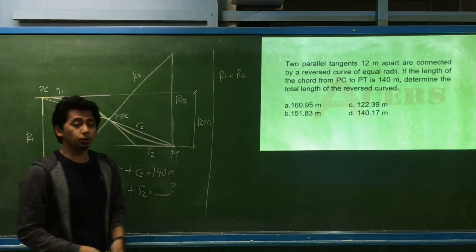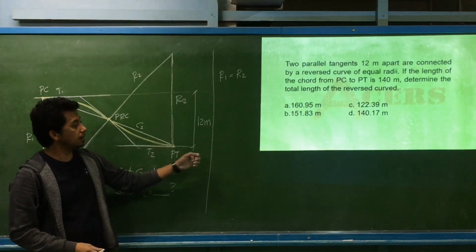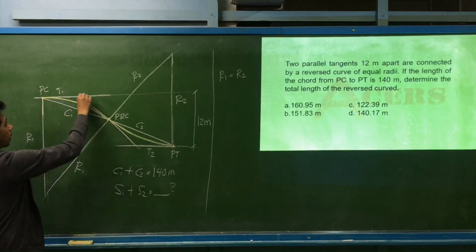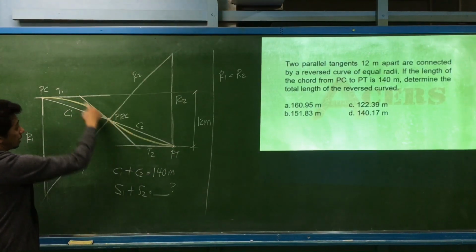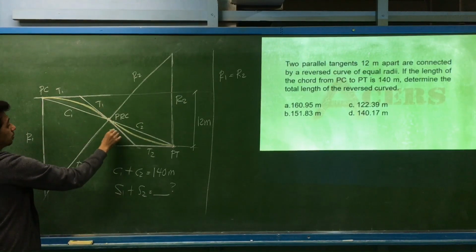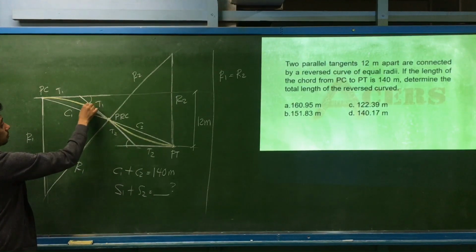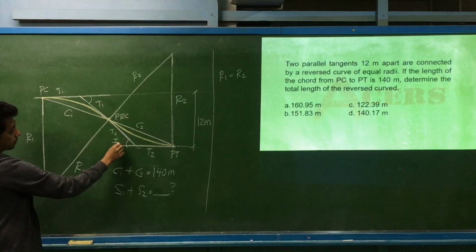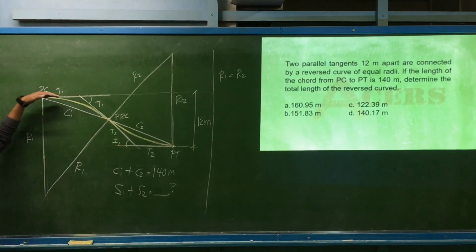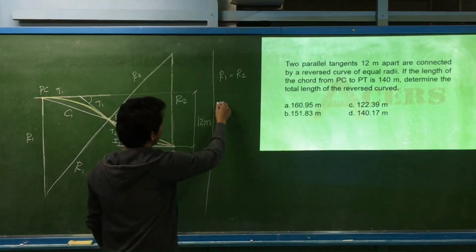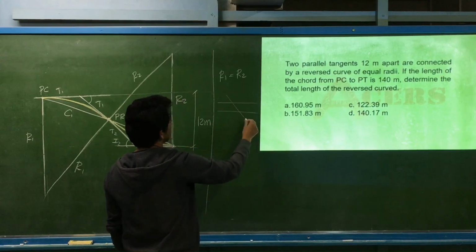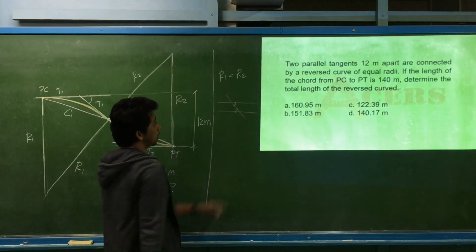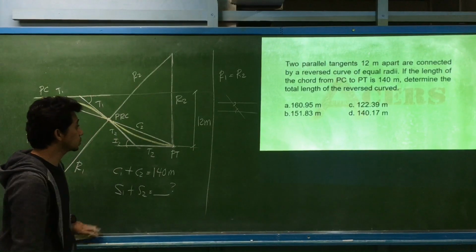When it comes to a reverse curve with parallel tangents, if we draw lines here, the angle of intersection of the tangents will be the same. Right? It's like you have two lines cut by a transversal line, these angles are the same.